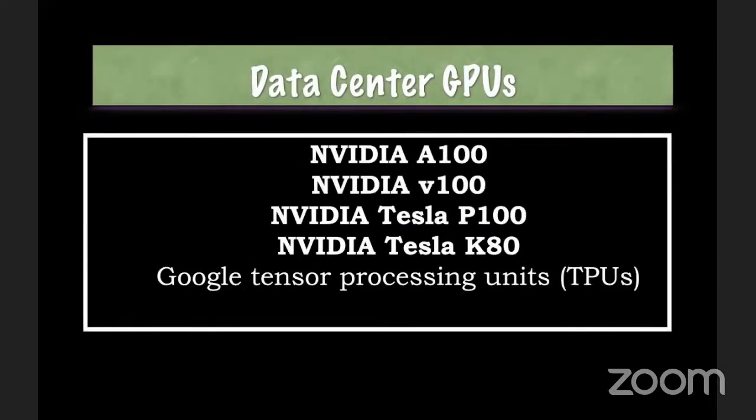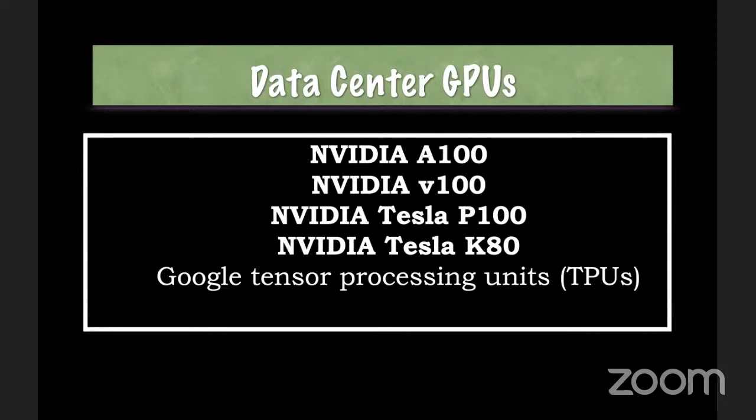What are the data center GPUs we have? NVIDIA is the best company, investing a lot of time into GPUs. NVIDIA has the A100, V100, Tesla P100, Tesla K80, and there are Google Tensor Processing Units.